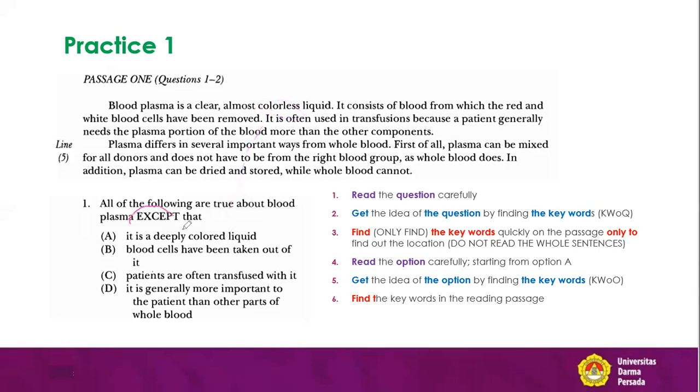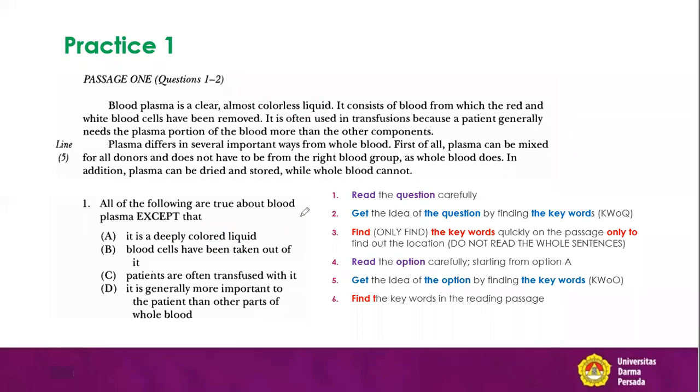But the question is except. When we say except, that means we try to find something which doesn't match. I repeat again, the meaning of except is that we try to find something which doesn't match. Deeply colored liquid doesn't match with colorless liquid. So they don't match. Because they don't match, this is the answer.